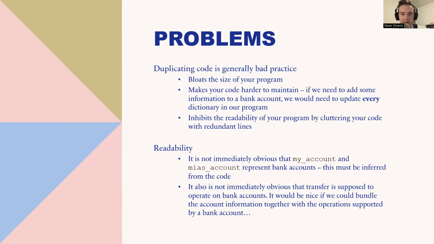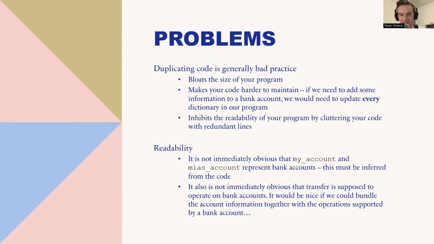So it would be ideal if we could somehow bundle all of the account information together with operations like transfer that work on bank accounts. If we could just bundle all of the stuff that has to do with bank accounts together into one block of code, that would be great.